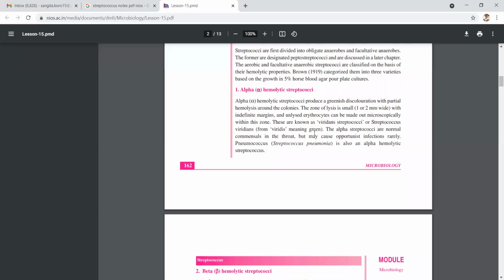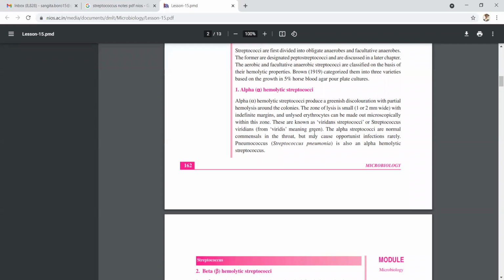These are known as viridans streptococci or Streptococcus viridans. The word viridans means green, and that is the reason why this bacteria has been named after that color as Streptococcus viridans.